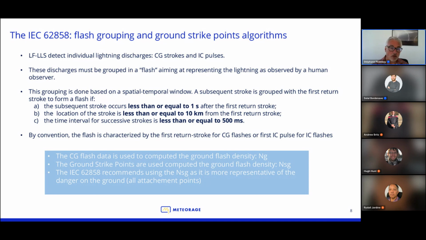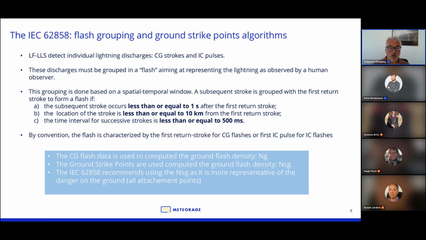And again, another parameter, which is a distance parameter. The distance mustn't be higher than 10 kilometers in order for a return stroke to be grouped with a previous return stroke in the flash. And finally, there is also a parameter stating that the delay between two subsequent strokes, meaning between the first and second, and third, etc., mustn't be above half a second, 500 milliseconds.